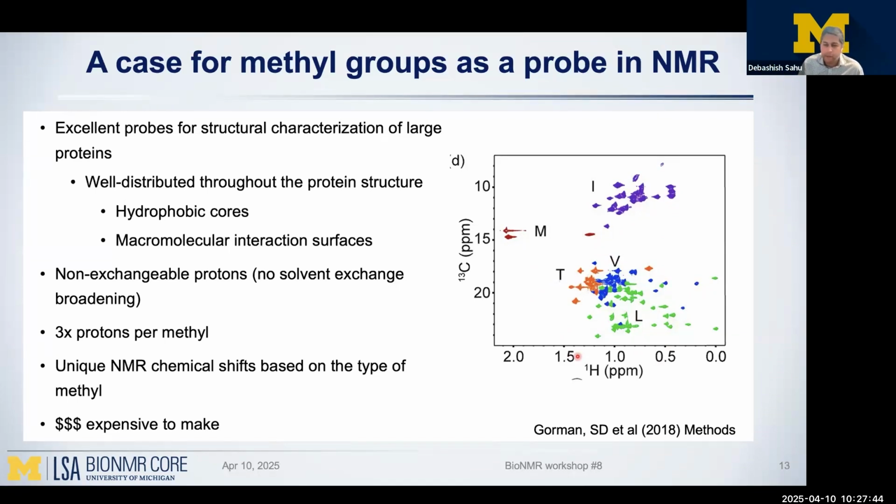You can look up on the BMRB website where these are distributed, and they're usually in these regions. Again, I colored them differently so that you can see where these residues lie. And I will talk about the technique on how you can actually do this as well. The other thing to note is these are very expensive to make.